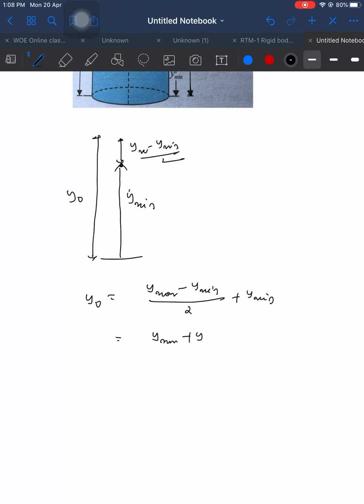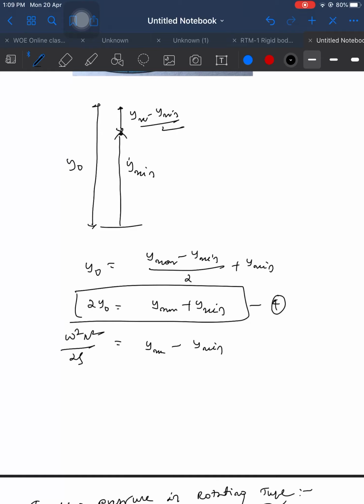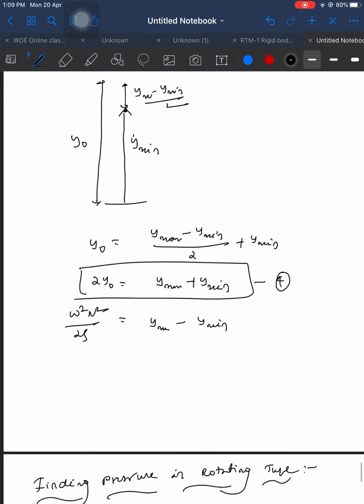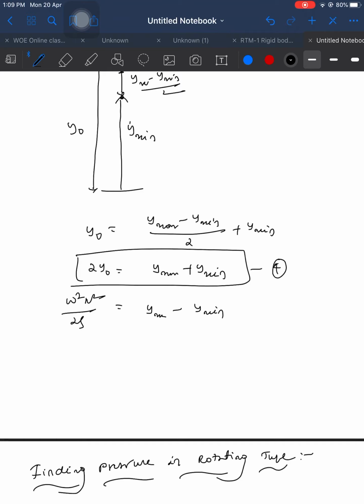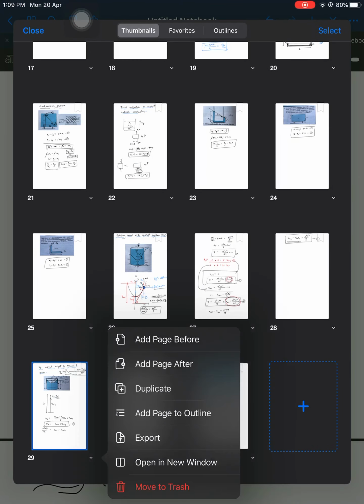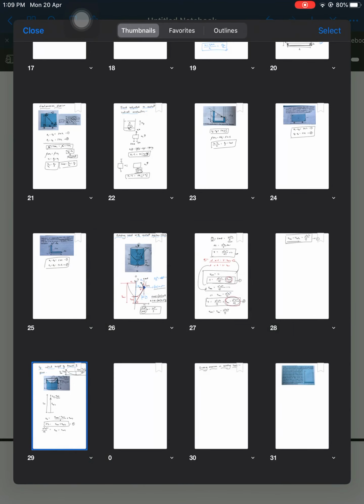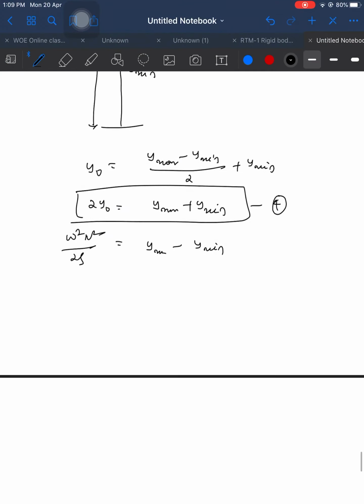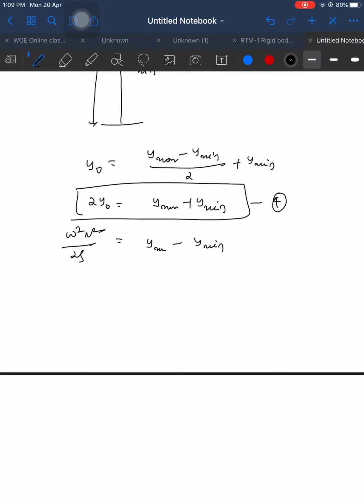We have the third equation, y max minus y minimum is equal to omega square r square by 2g. Okay, let's solve for y minimum. Subtract on both sides. 2y0 minus omega square r square by 2g is equal to 2y minimum.